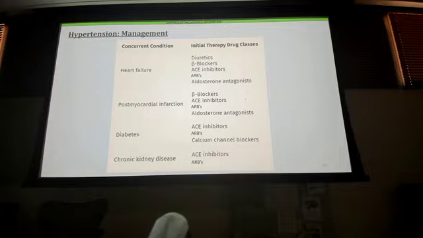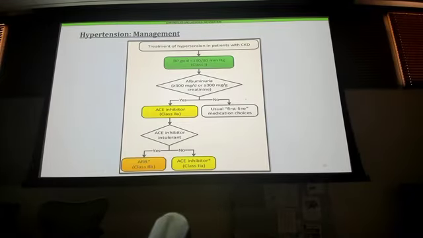Here are some other specific conditions and medications that you can give or should give for their hypertension. So if they have hypertension and heart failure, then be thinking these meds. If they have hypertension and they've had a heart attack, be thinking of these meds kind of things. This is also in the ACC-AHA guidelines.